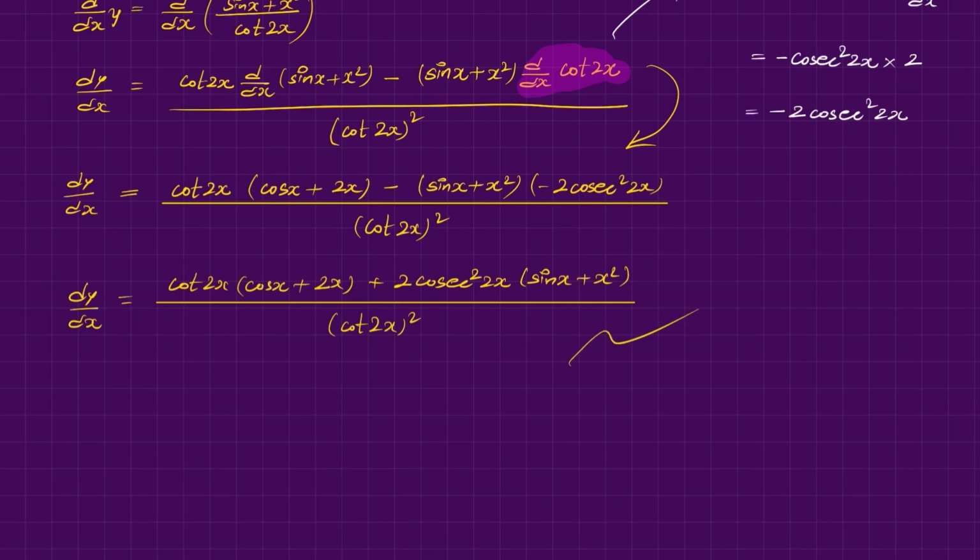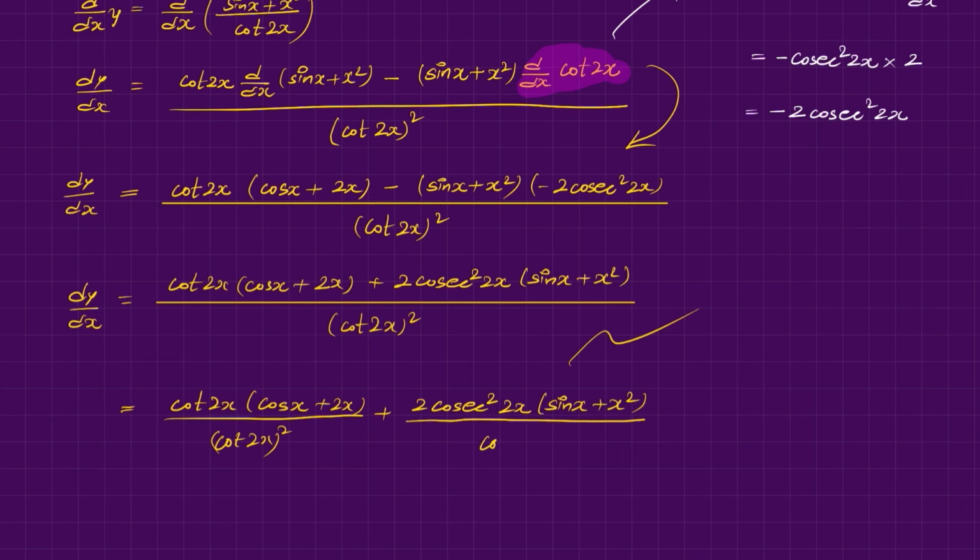So my answer can be written in this format also, but if you simplify, then you will get a simpler answer. Let me distribute the denominator, so it can be written as cot 2x times (cos x + 2x) divided by (cot 2x) whole squared, plus 2 cosec² 2x times (sin x + x²) divided by (cot 2x) whole squared.